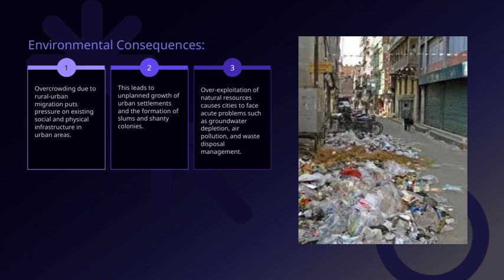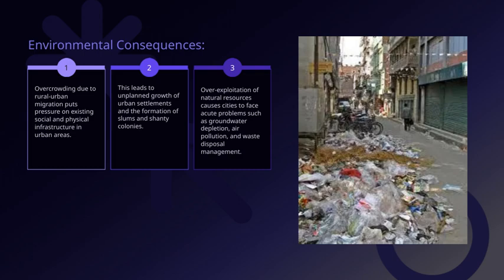All of these issues contribute to unplanned growth of urban settlements. When cities expand without proper planning, we often see the emergence of slums and shanty colonies, which lack adequate infrastructure and services. And at the core of this is overcrowding caused by rural-urban migration.